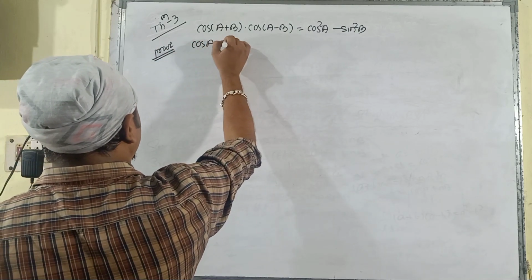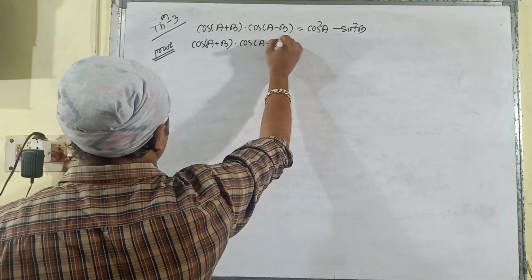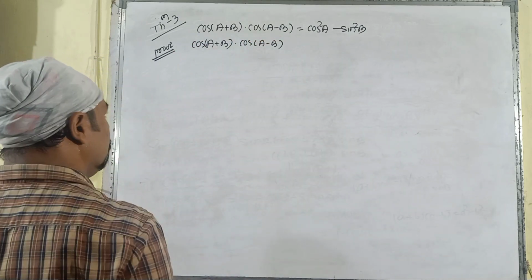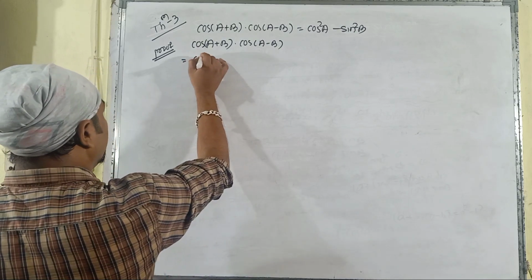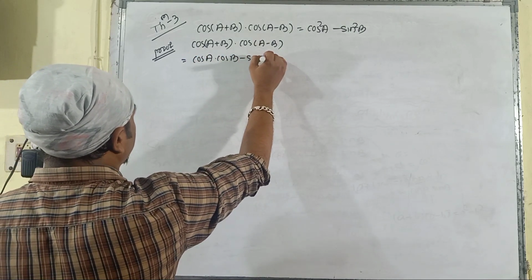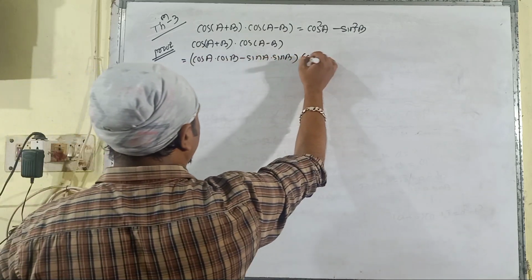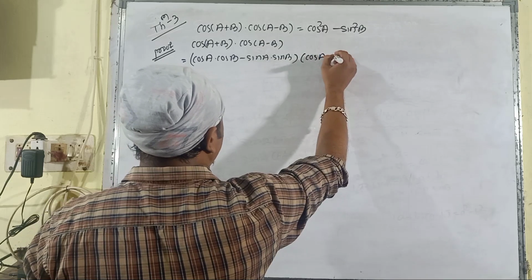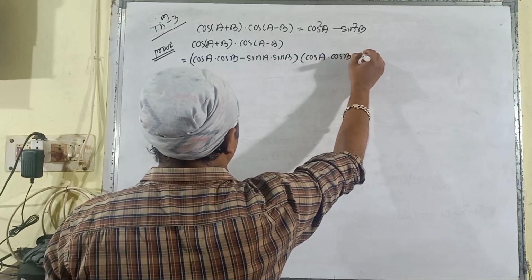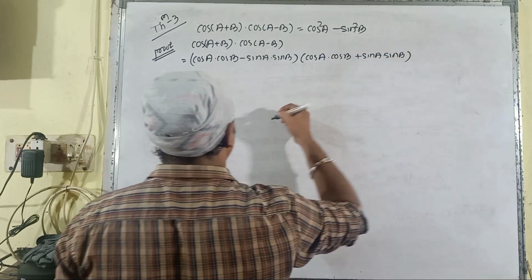Cos(A plus B) multiplied with cos(A minus B). By considering the left hand side, we have cos A into cos B minus sin A into sin B, multiplied with cos A into cos B plus sin A into sin B.